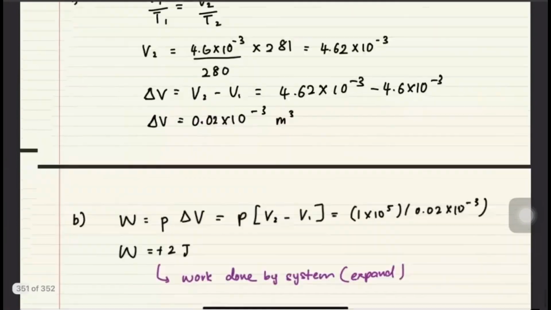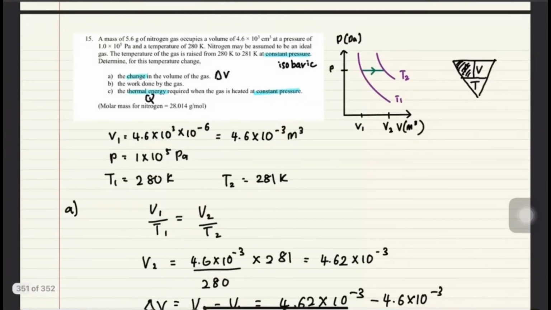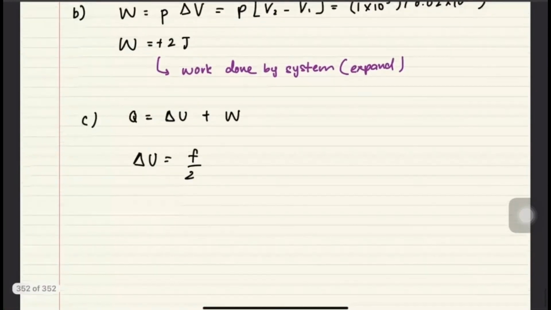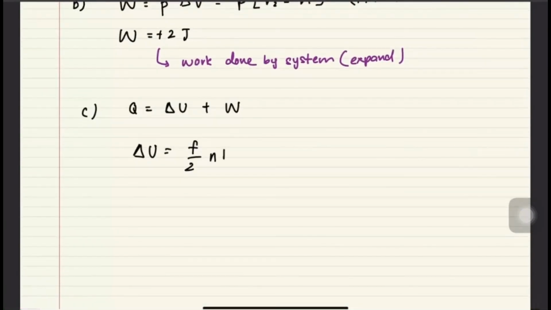Kamu ada mol kan? You don't have the mole, but they give you the gram dengan gram per mole, so you can calculate the mole lah. So you can use this formula nRT2 minus T1.